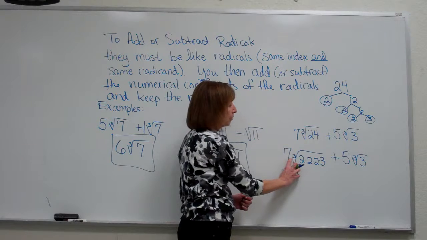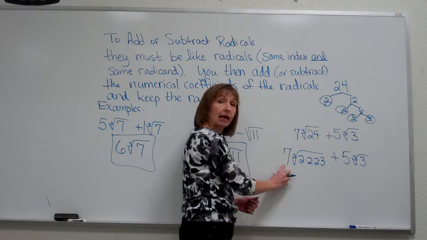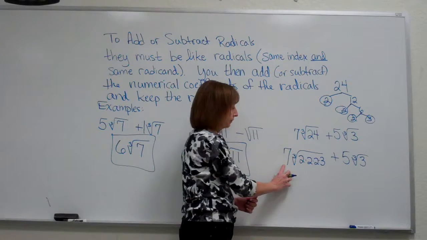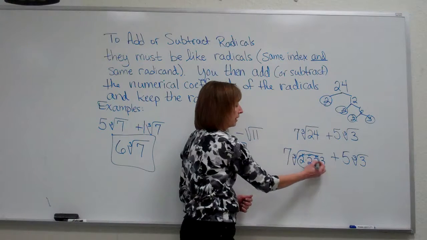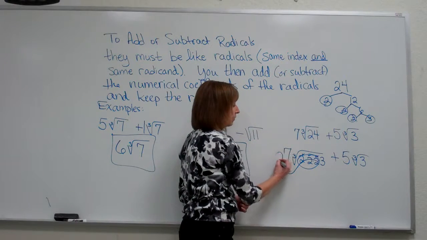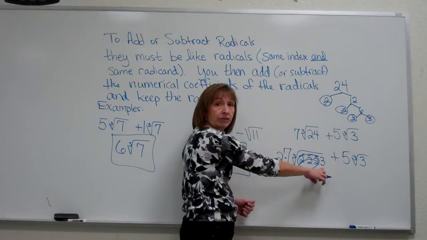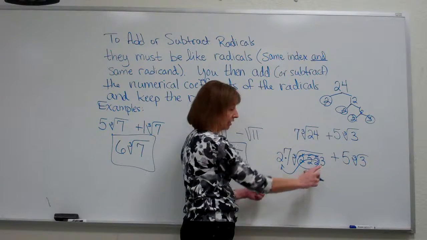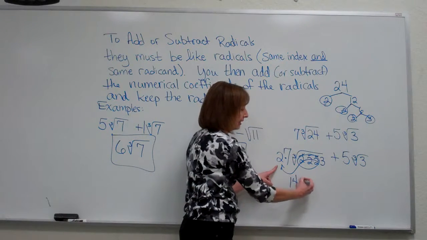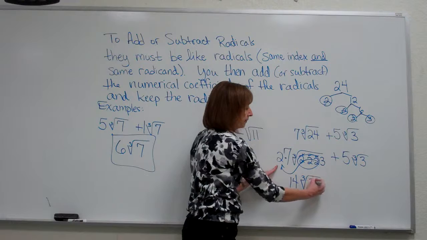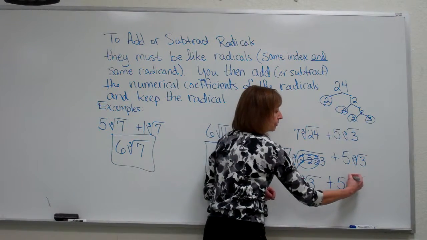And if there's a number that's multiplied to the outside of the radical, anything that I bring out gets multiplied to that number. So here I have 1, 2, 3 factors of 2. So a 2 comes out, and it will be multiplied to the 7 that's already out there. I only have 1 factor of 3, so that needs to stay under. So this gives me 2 times 7 is 14 times the cubed root of 3. And I'm adding that to 5 times the cubed root of 3.